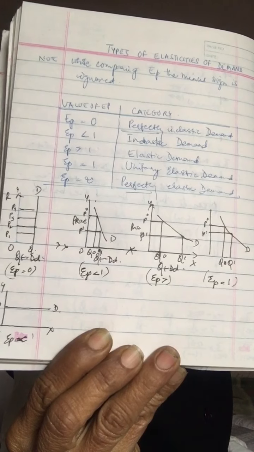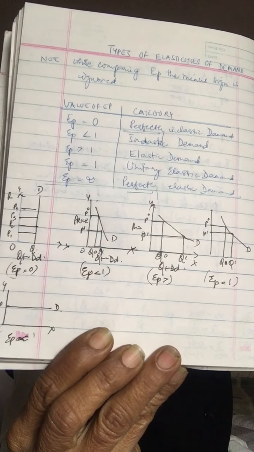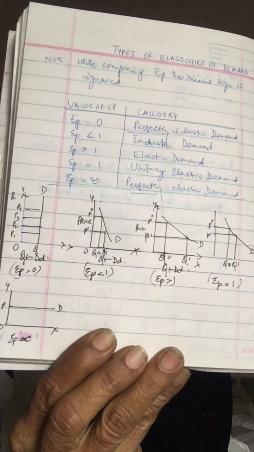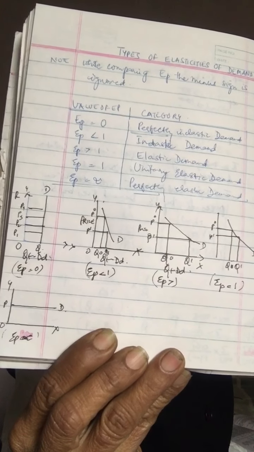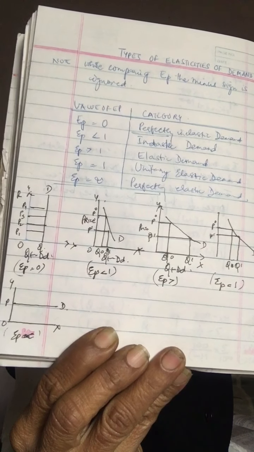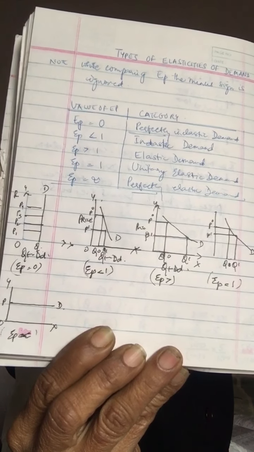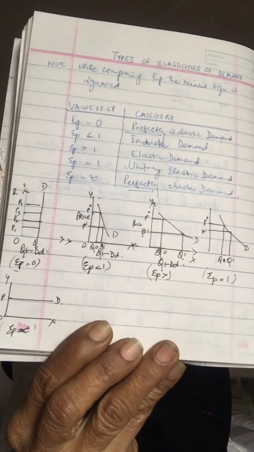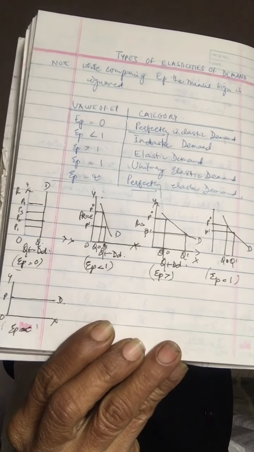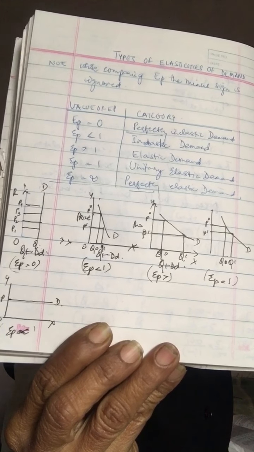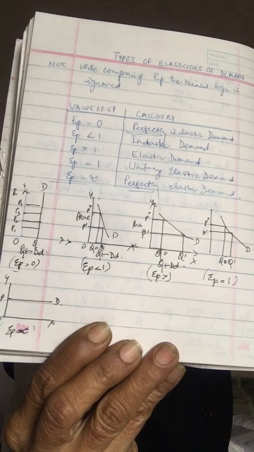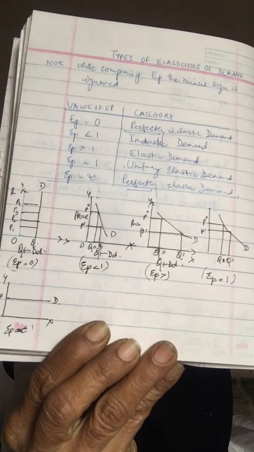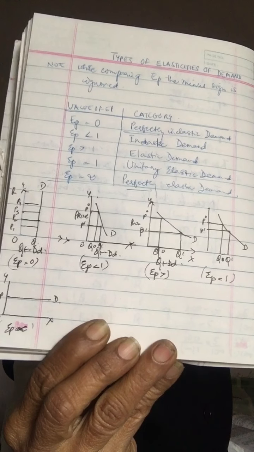Then the next one is elasticity of demand less than 1. It is also known as inelastic demand or highly inelastic demand. It has a very steep curve, which shows that even though there is a substantial change in price, the quantity demanded doesn't change much. So there is not much elasticity of demand.